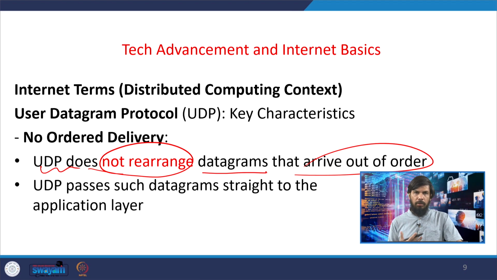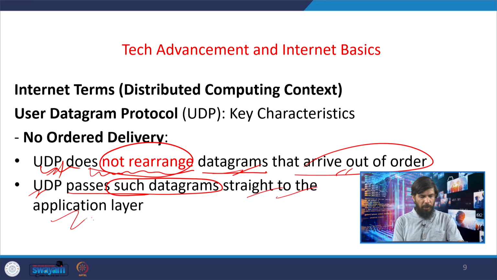Applications which go for UDP implementation must be okay with the situation that UDP will not be rearranging datagrams in case they are out of order. So UDP passes such datagrams straight to the application layer, and the application handles this data there.